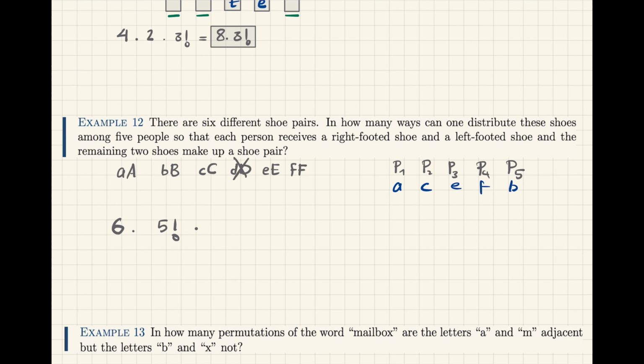In how many ways can you arrange them here? Again, you have 5 distinct positions and 5 distinct objects, so you have another 5 factorial coming in. So this is the answer. But of course, from your knowledge, 6 times 5 factorial can be written as 6 factorial. So this becomes 6 factorial times 5 factorial.